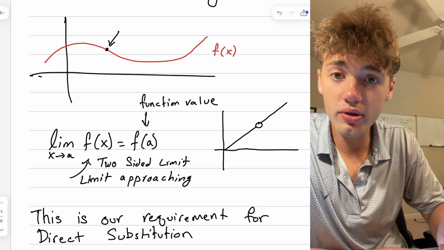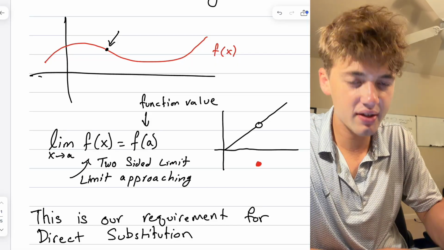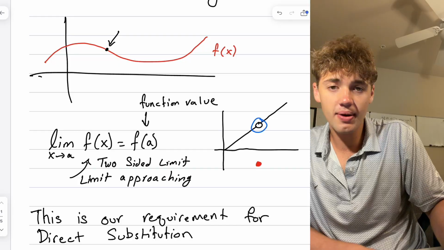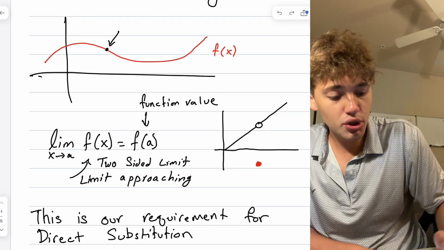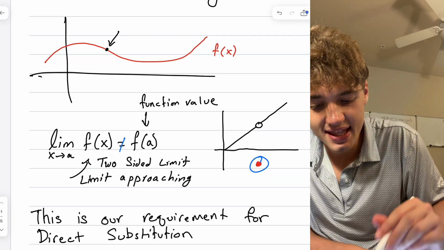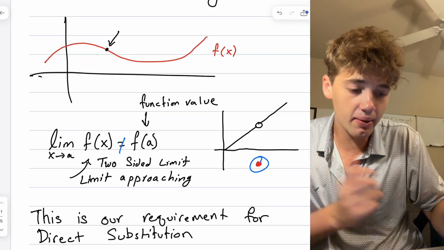This is a removable discontinuity where there was a hole and the point that there was actually defined at was different. The limit is this value right here. The actual point that it's defined was down here. Because the limit did not equal what the actual value was defined, that was a discontinuity that we talked about.